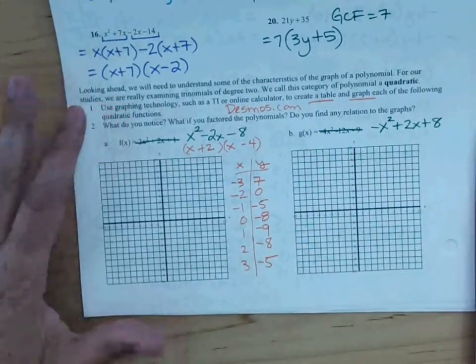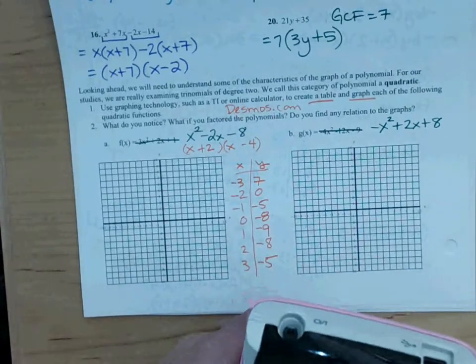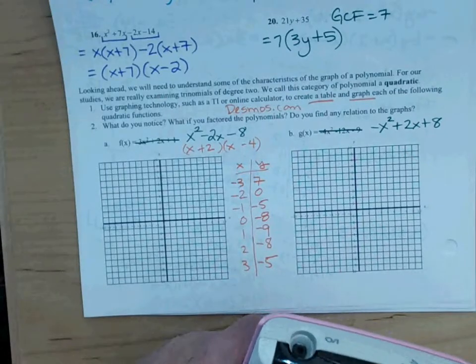So first, just looking at the table, is there anything you notice at all? Well, let's go ahead and plot the points, okay? So we're going to go, did I do the right one, by the way? Yes, I did. Okay, graph, table.